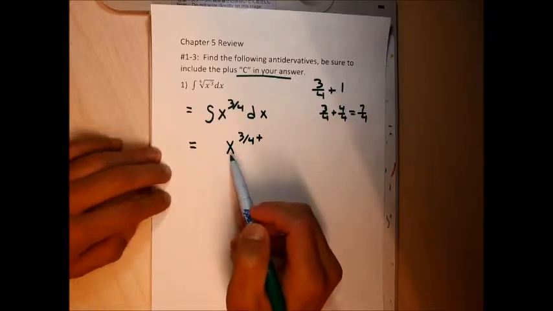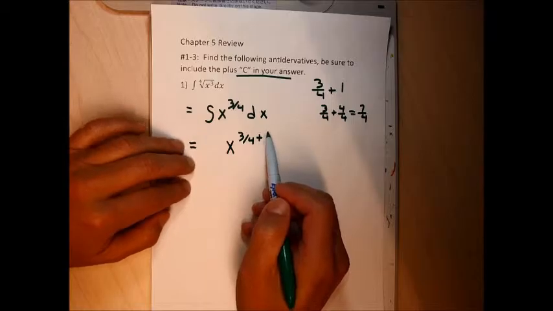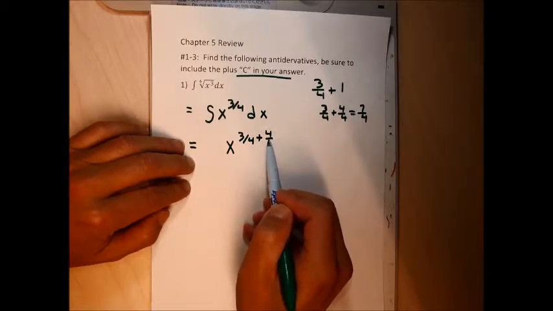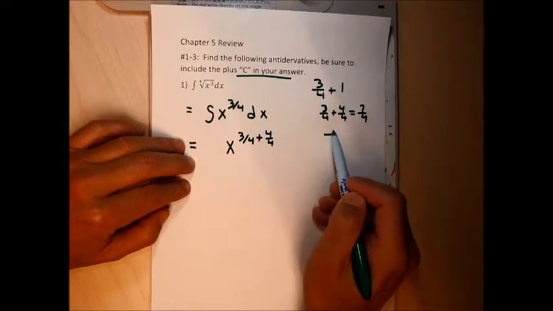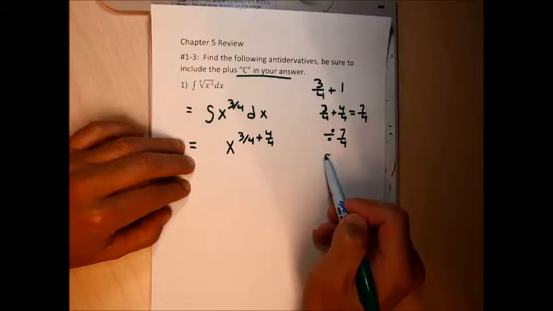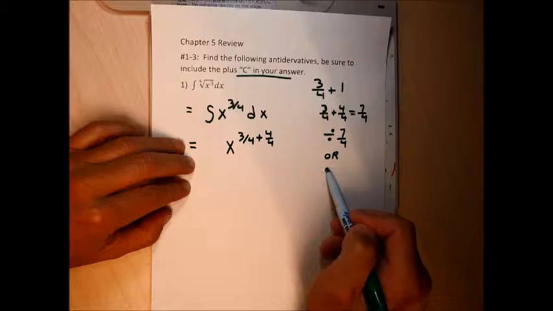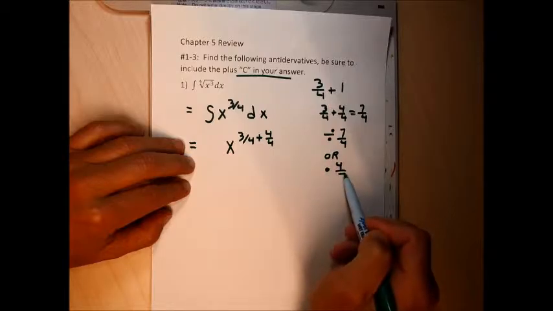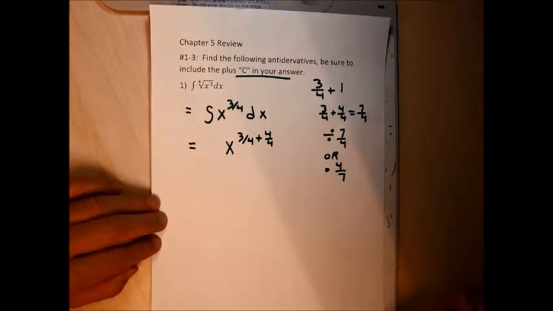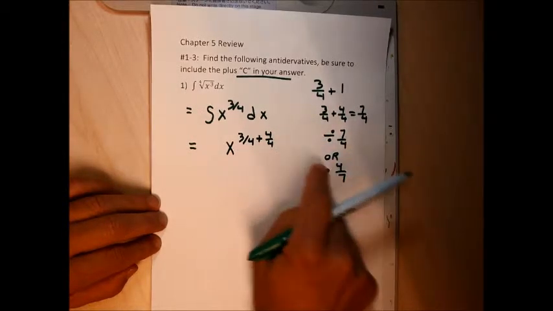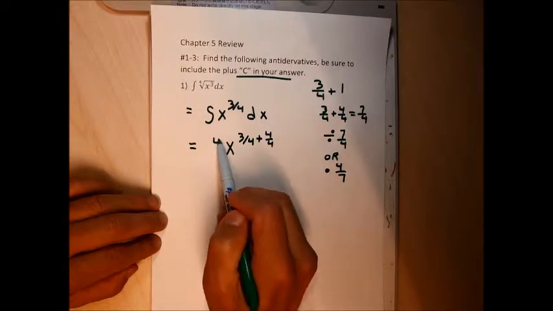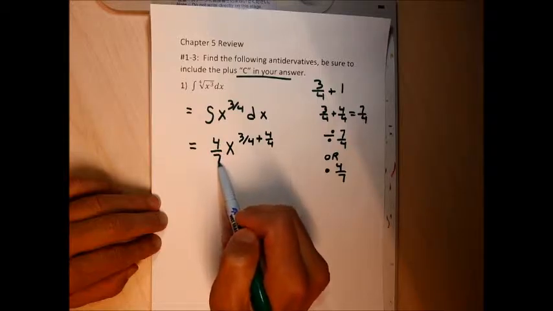And after I add 1 to the exponent, I'm supposed to divide by the new exponent. So I have my choice of dividing by 7/4 or multiplying by 4/7, because dividing by a fraction is the same as multiplying by its reciprocal. And instead of adding 1 to the exponent and dividing by the new exponent, I'm going to multiply by the reciprocal of the exponent.